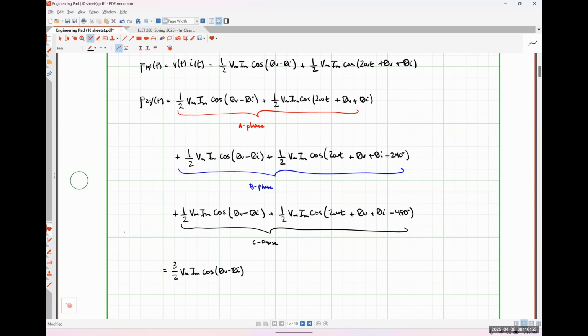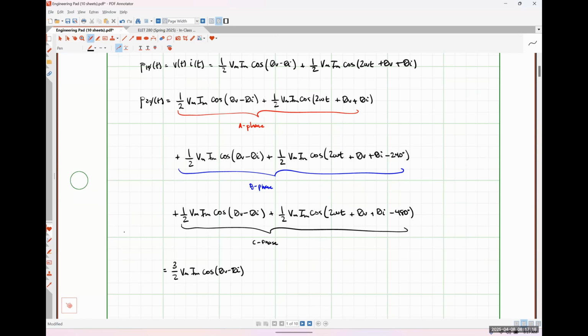So you guys may not remember this, but if you look back in your notes from, I believe, probably the first or second day of class, when we were looking at that instantaneous power relationship, we said that first term was the average power, and then the second term was the AC part. Well, we only have an average power term here, or a DC term here.